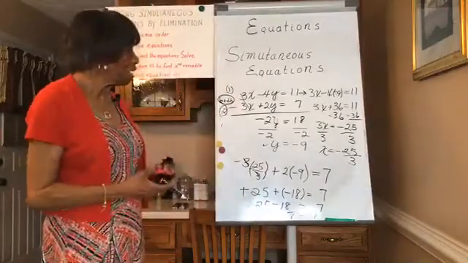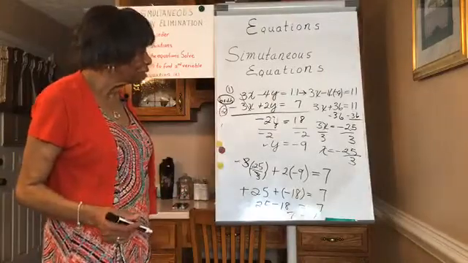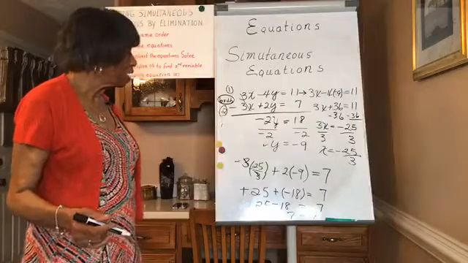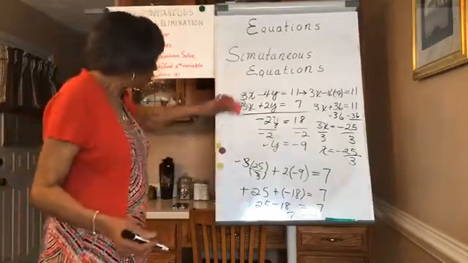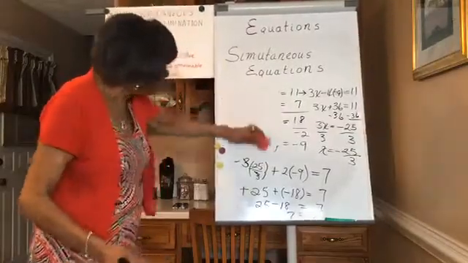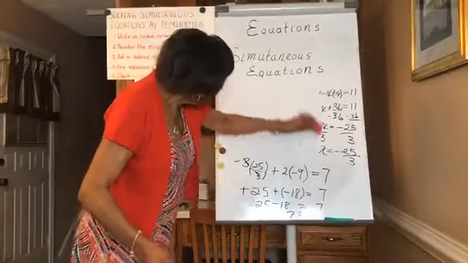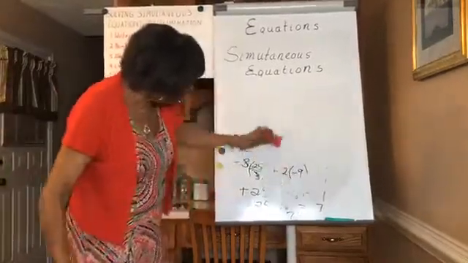Okay, the fractions are a little more difficult to work with, but they can be done as well. All right, I'm going to give you another type just to go a little farther, where you have another step in order to eliminate.